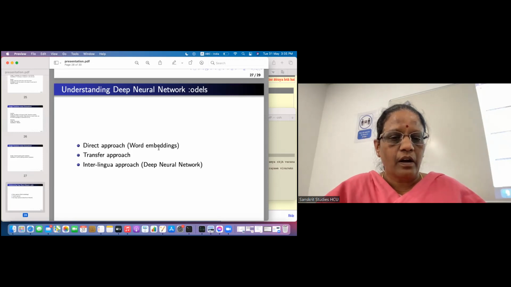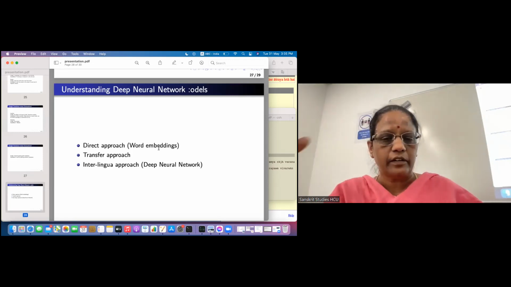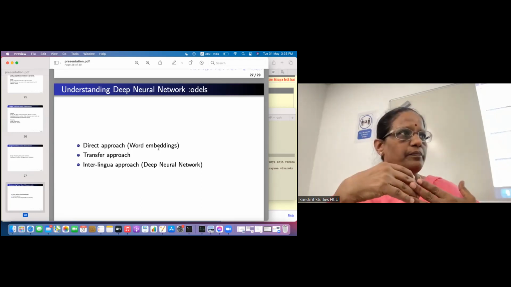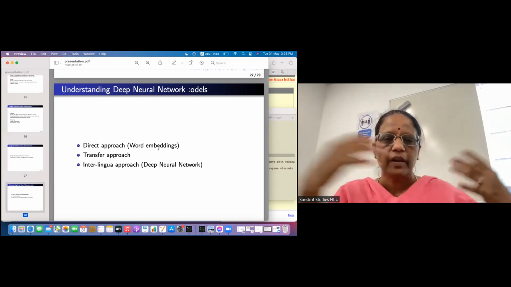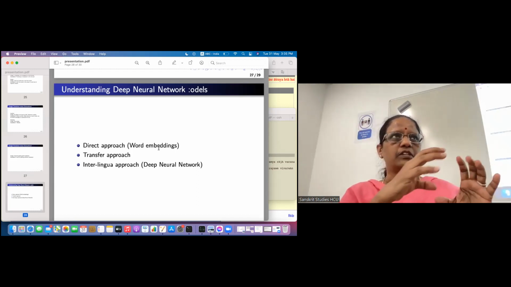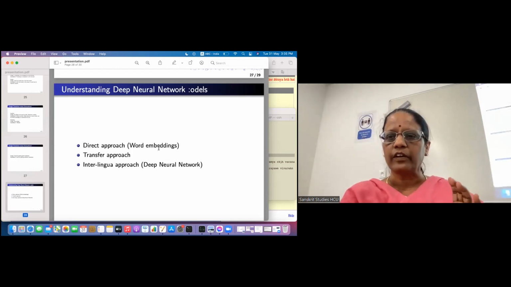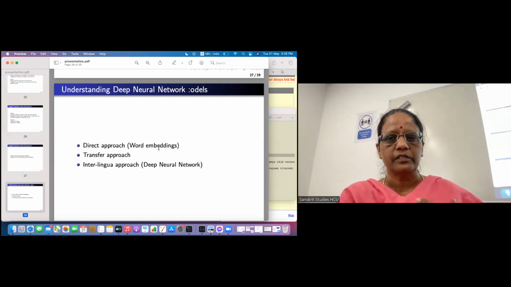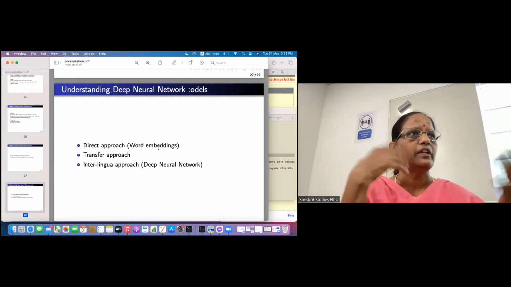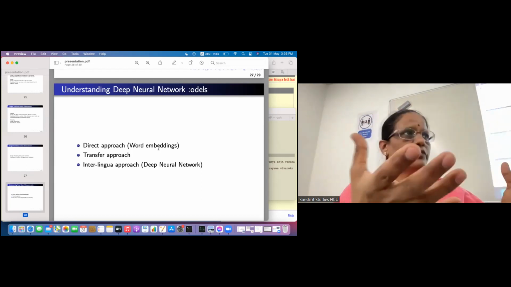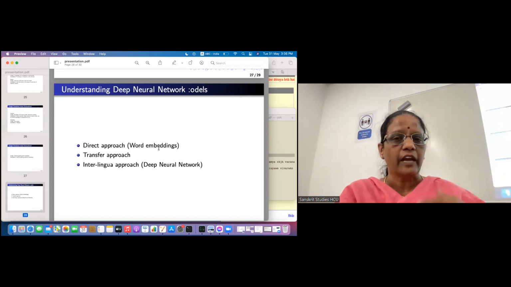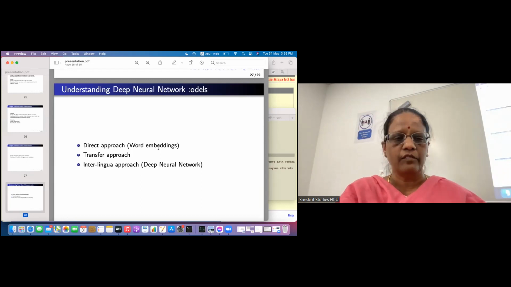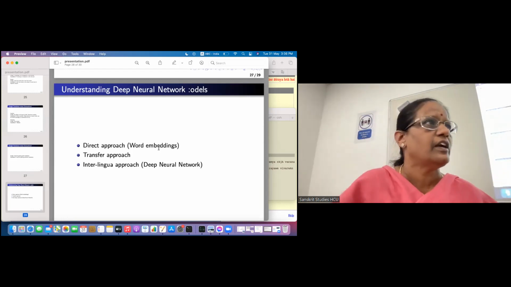But the model that it builds for each word is not human understandable. The machine is learning something, the machine is building a model, the machine is mapping the word into a vector space, which is the meaning kind of thing. But that meaning is far different from the meaning which we perceive of the words. And that meaning is in the form of some numbers, and we just can't make anything out of it.